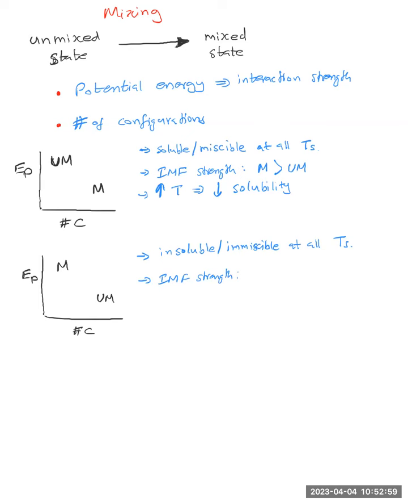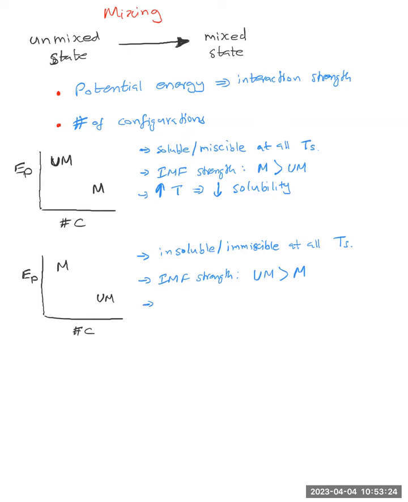Because the unmixed state has a lower potential energy, the unmixed state has stronger intermolecular forces than the mixed state. Okay, interactions between, let's say, the A and B. As in our previous example, interactions between A and B are weaker than the interactions between A and A and B and B. That's what it means, right?